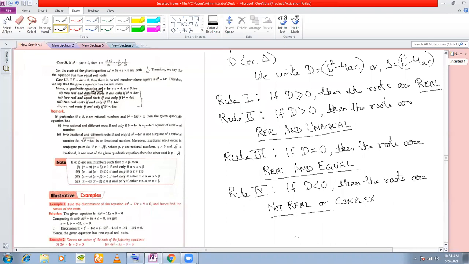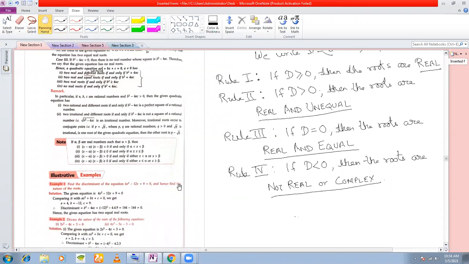Okay, whether we say not real or complex, it's the same thing. Now, what do you mean by complex? Complex numbers we'll discuss briefly later on if we come across that kind of situation. But just remember these 4 rules for the time being.